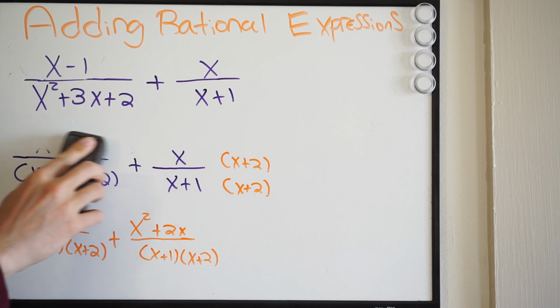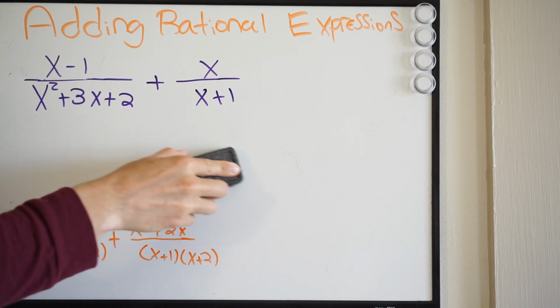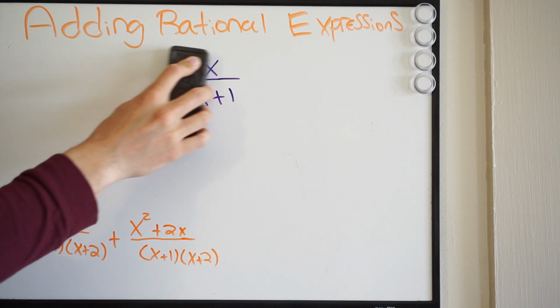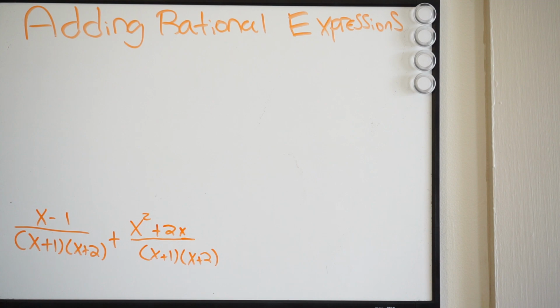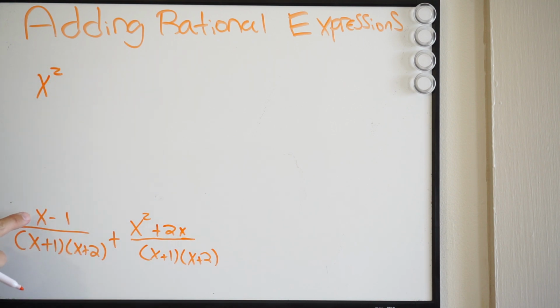So let's go ahead and erase this part right here, and we can erase this too. If we add the numerators now, we want to go in order from the highest exponent to the lowest. So we'll write x squared first. Then we can combine our x's.